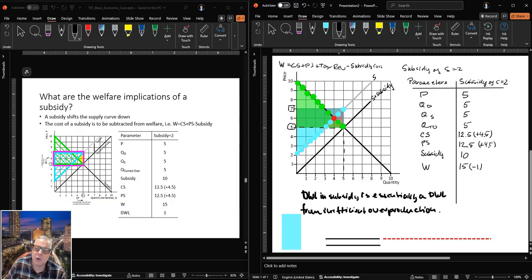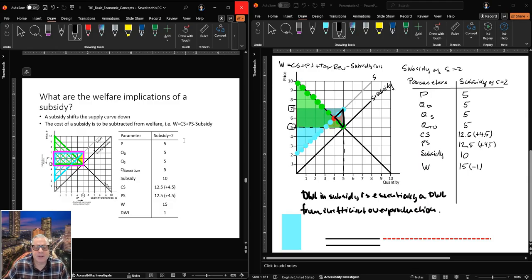So we lure in both people into the market with a reservation price which is actually higher than people's willingness to pay, and that creates the deadweight loss.